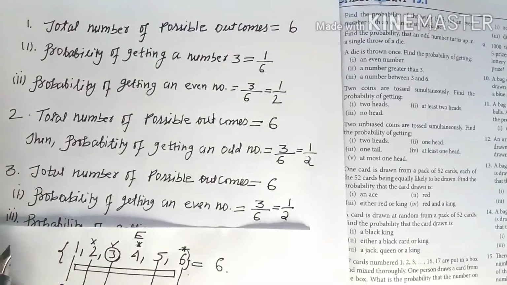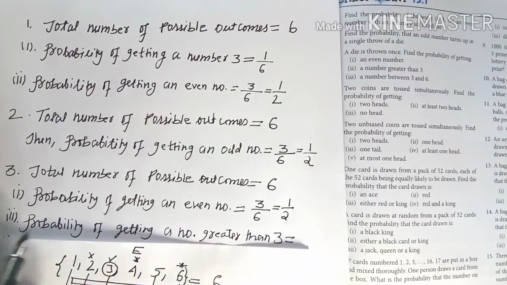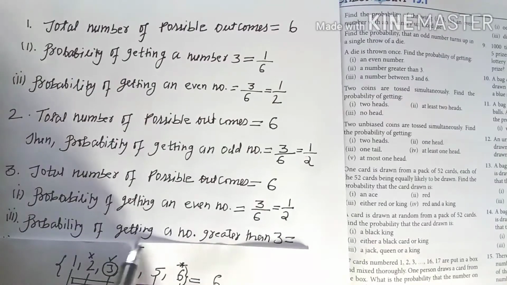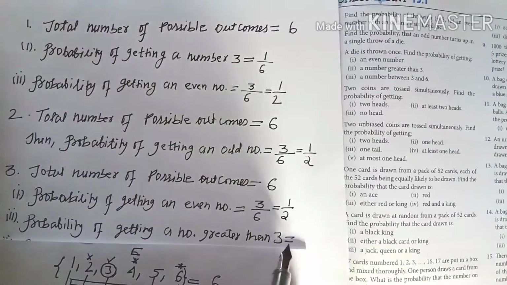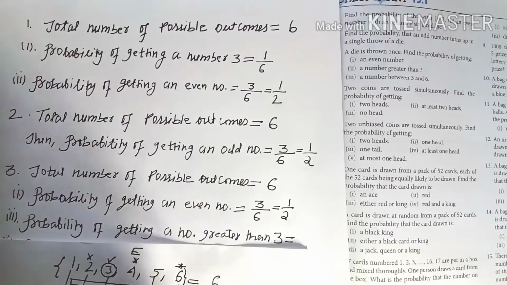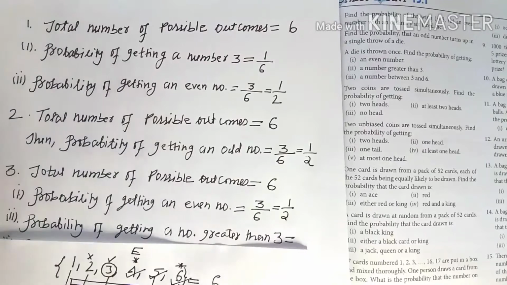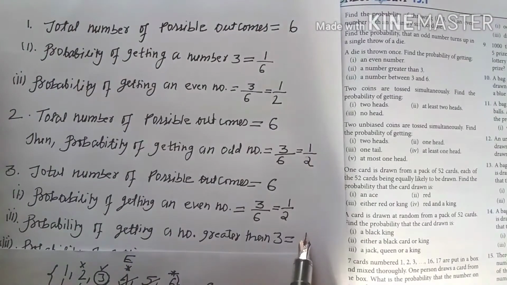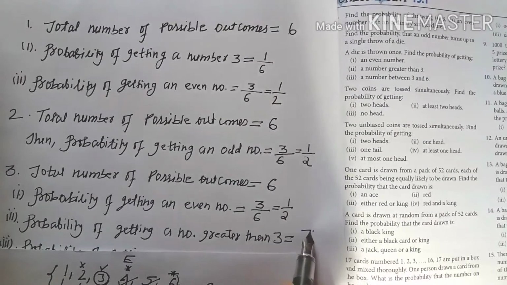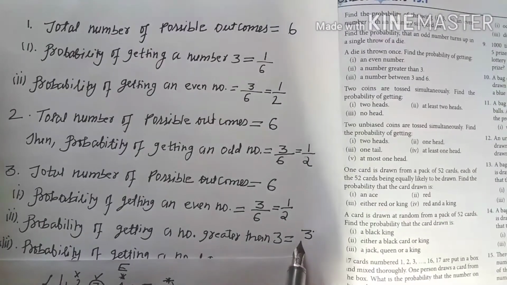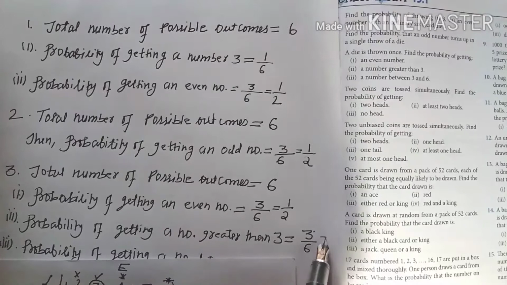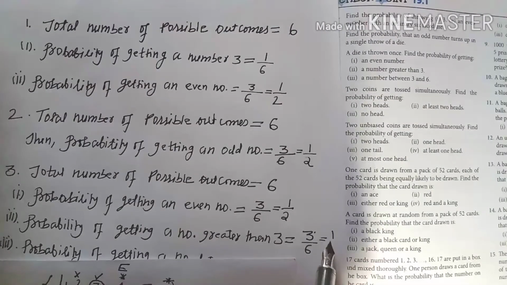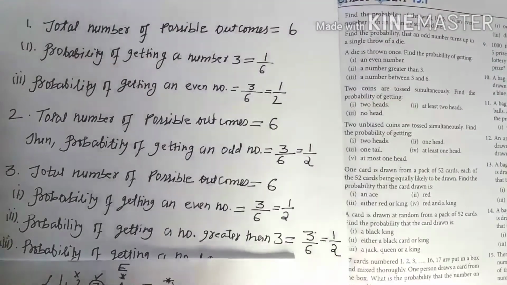Now sub question number 2, find the probability of getting a number greater than 3. Which numbers are greater than 3? Yes, they are 4, 5 and 6, which means we are getting 3 numbers. So the number of favorable outcomes is 3. Always we divide by the total, that is 6. Again possible to cancel, 3 into 1 times, 3 into 2 times.